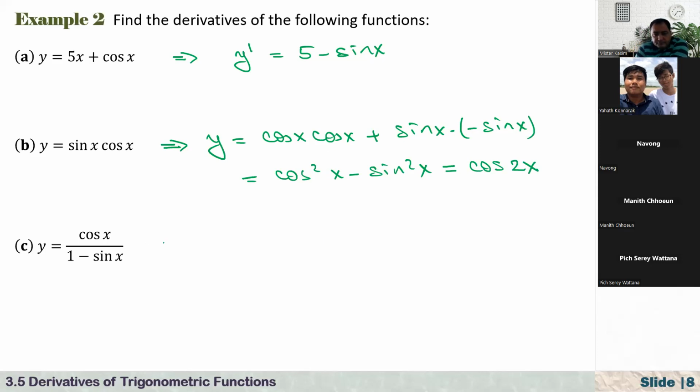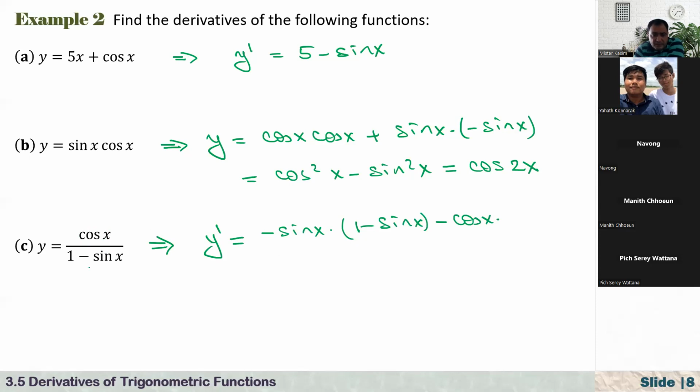And how about C? In C, y prime is equal to, again, here we have u over v, the quotient of two functions, that is u prime v minus u v prime. So our u is cosine of x. If you differentiate cosine of x, that is minus sine of x times the denominator, 1 minus sine of x, minus cosine of x times the derivative of 1 minus sine of x.